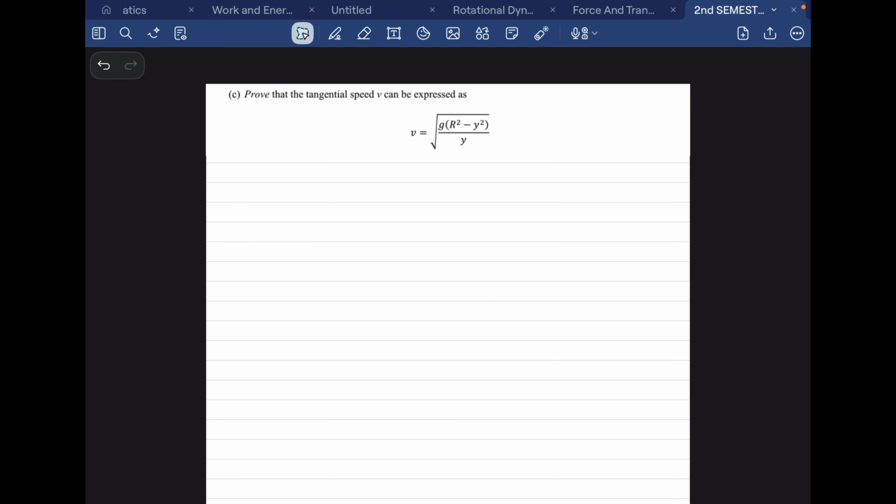So to find v, we have to look at the horizontal forces with Fc and centripetal acceleration with v tangential in it. So we know that the net force in the x direction is equal to Fc, right? It's pointed toward the center of the circle. So I'll redraw the triangle.